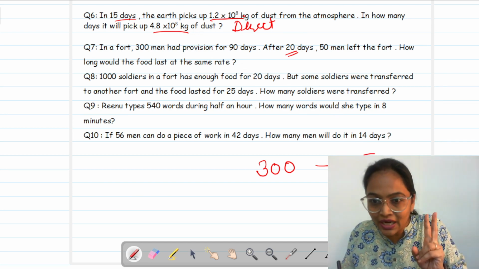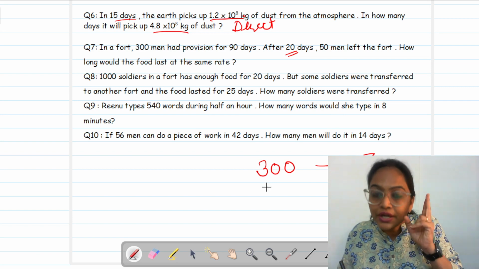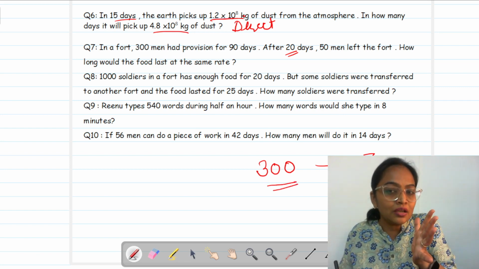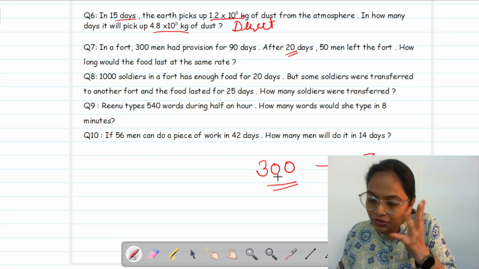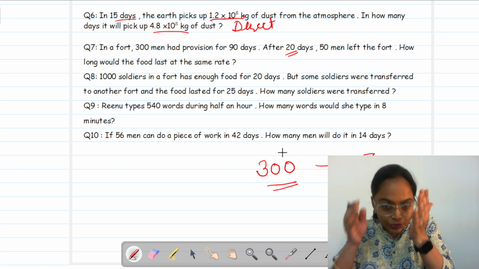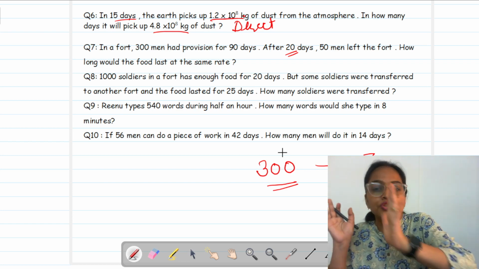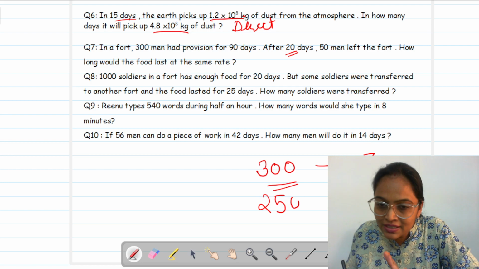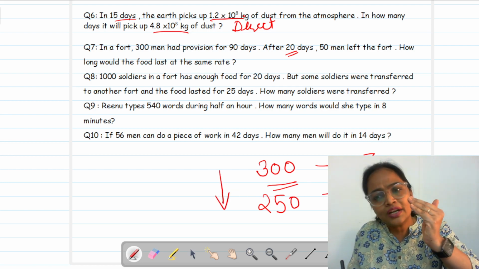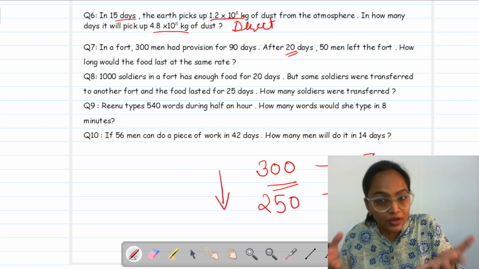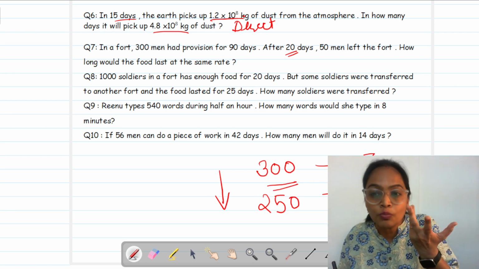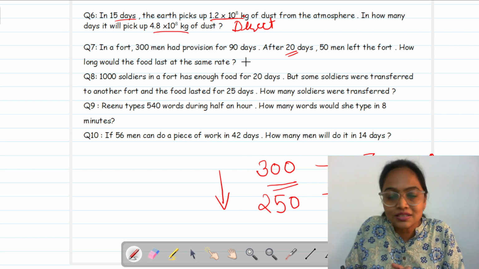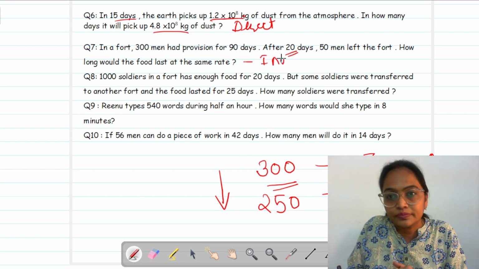Now the days remaining are 70, right? The food remaining after 20 days is for 300 men; if 300 men were there, they could eat for 70 more days. But 50 men left, that is, the number of men is decreasing. Definitely the food consumption would be less. That means it will last for more days. So the other thing is increasing. So this is the case of inverse variation.